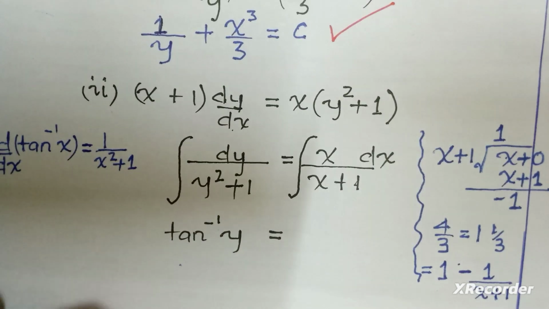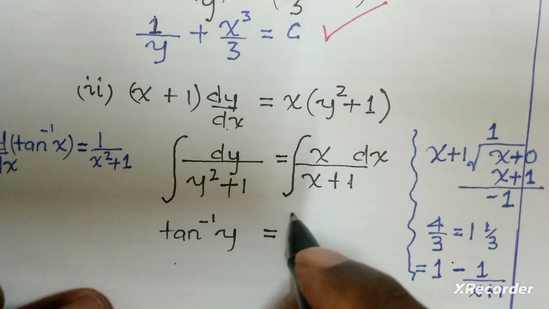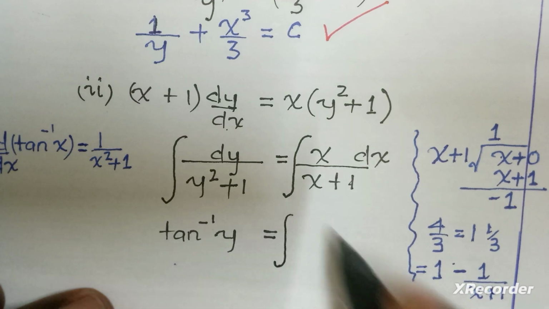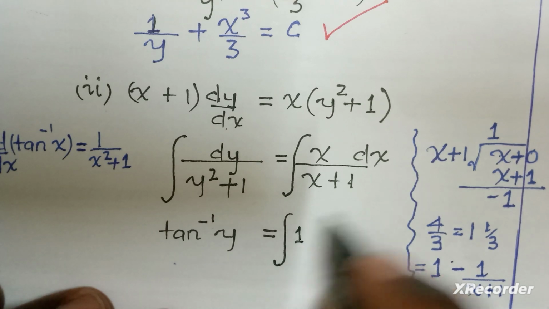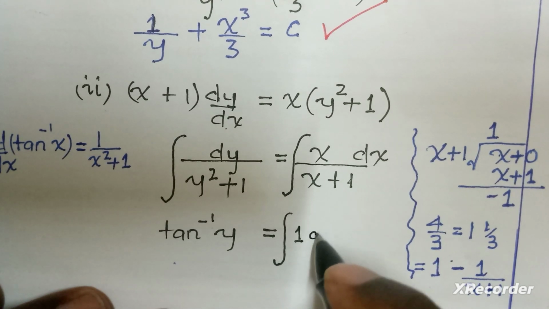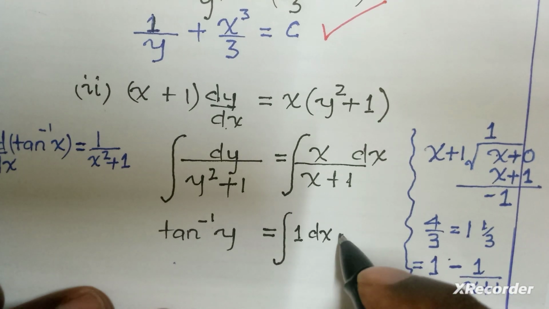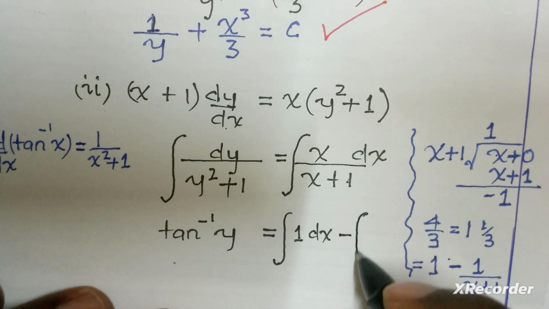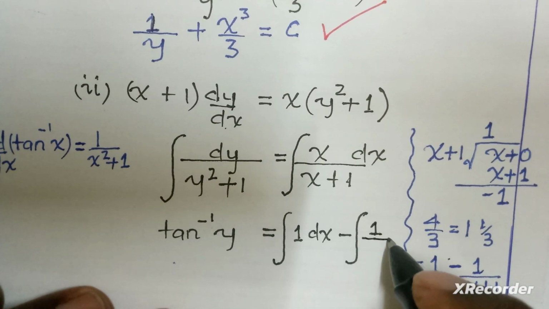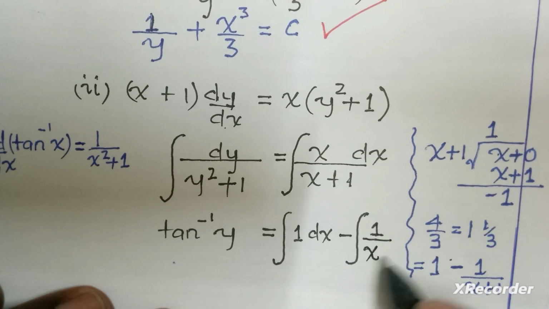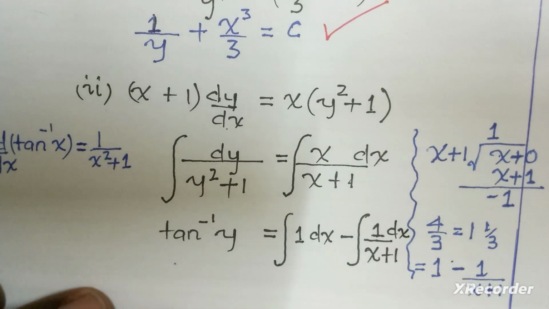So that now here we shall have something like this. We shall have 1. This one will now be separated into 2. We shall have the integral of 1 dx minus the integral of 1 all over x plus 1 dx, like that.